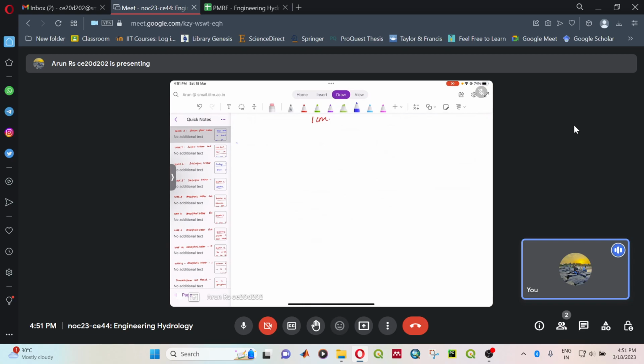So there are two important assumptions. One is time invariance. It is that for a given effective rainfall, which can happen at any period of time, your unit hydrograph will not change. This is the first assumption. The second assumption is the linear response.